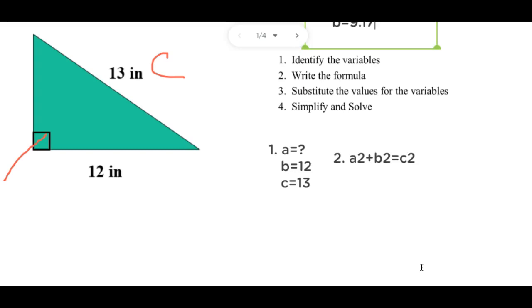Step 3, we're going to substitute the values. A squared plus 12, not 112. That used to be a glue back in the day, y'all. Equals our 13 squared.